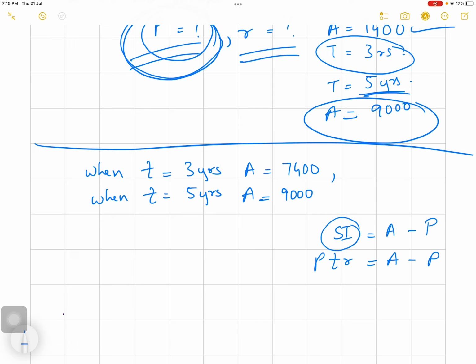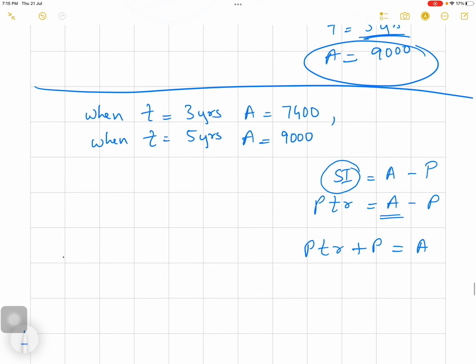Right? Now you want A, so A I'll keep on this side. P I'll take to the other side, so minus P will become plus P. So P T R plus P is equal to A. Correct? Now here P is common, so I'll take P aside.